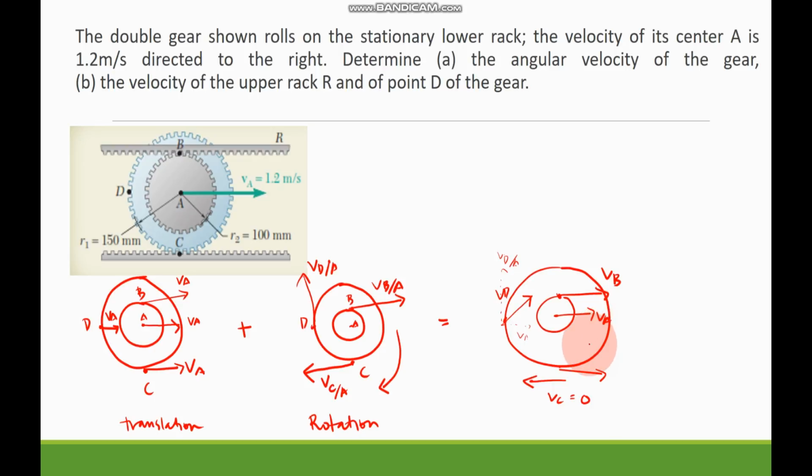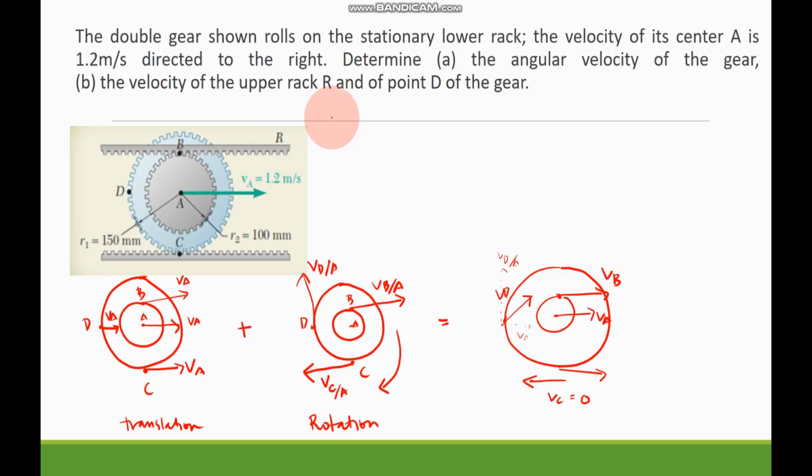So the velocity of the upper rock is equal to the velocity of the point B. So whatever velocity is running here in the upper rock is equal to the velocity of the point B. So the velocity of B is equal to the velocity of the upper rock.